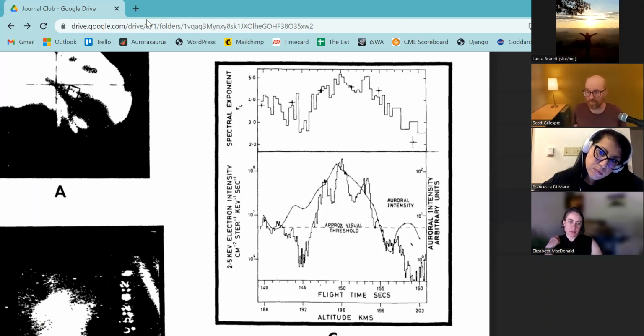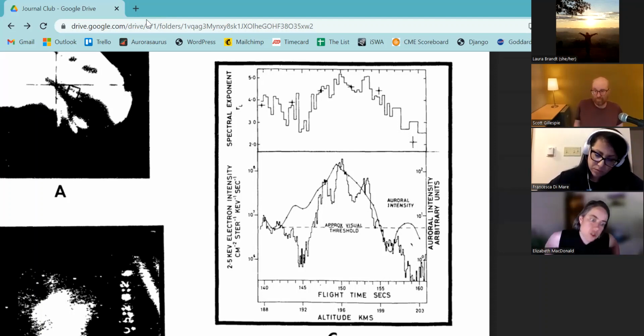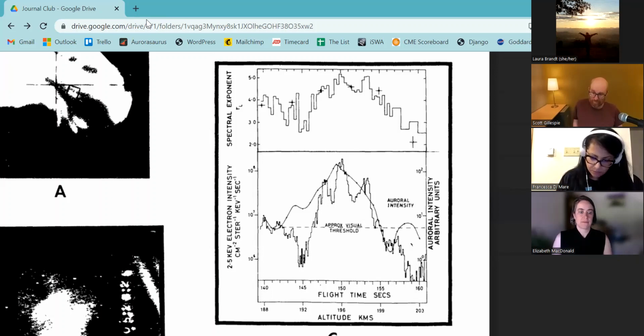Liz, for viewers at home, could you please define flux in the context of aurora science? Because it has many. Sure. A good analogy for flux is the number of particles. If you think about rain, it's how many raindrops are coming down on your head.